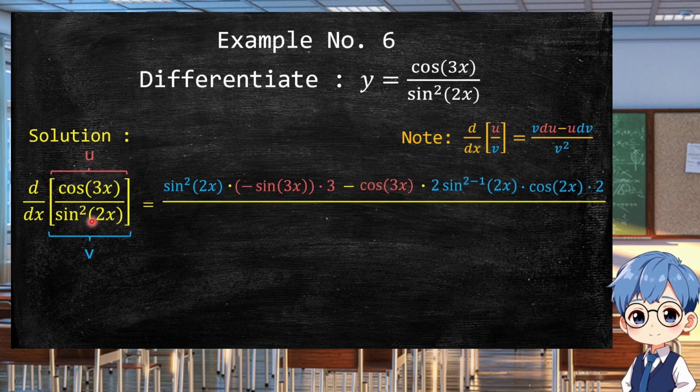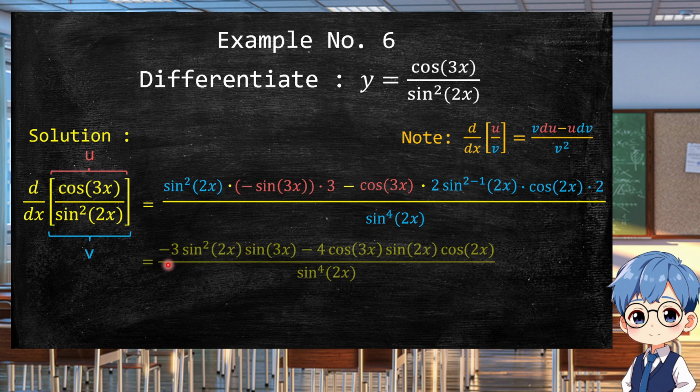So take note, this is sine squared 2x already, so if we raise this to the power of 2, we just multiply. So we have 2 times 2, so that's why we have sine to the power of 4 of 2x.